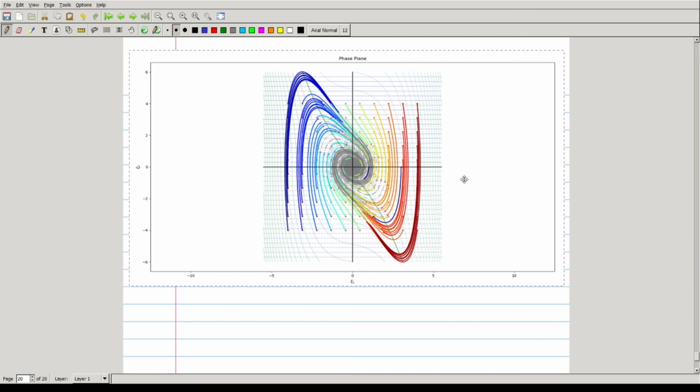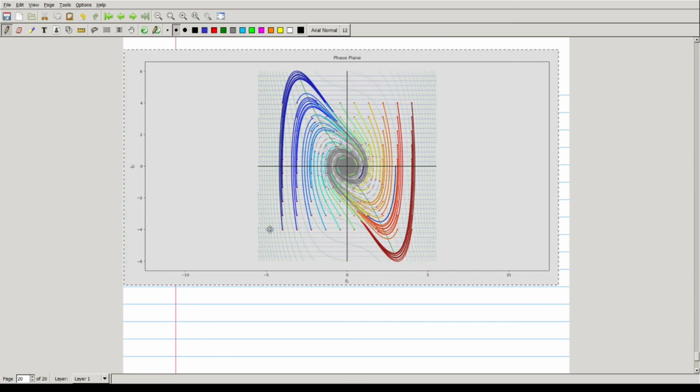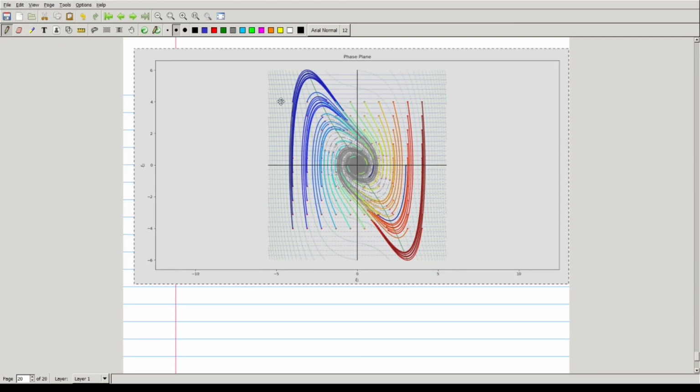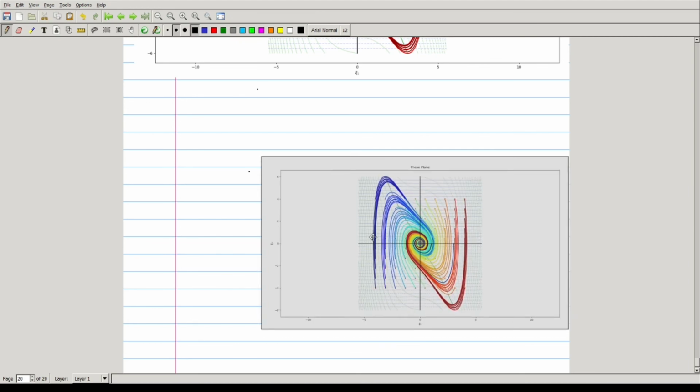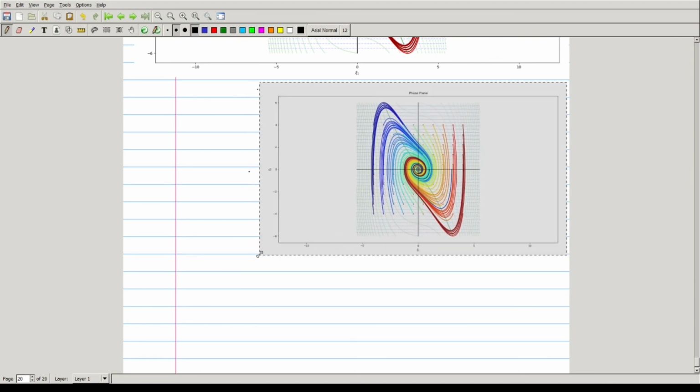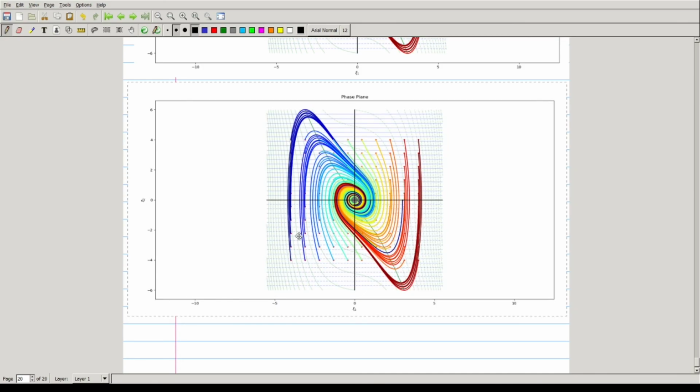But here I've just assumed this is a hard spring. And so this critical point ends up being an asymptotically stable critical point. However, it does take a little bit longer for the solution to go to this point. If you look at the numerical solution for larger intervals of time, this is what the phase plane looks like.